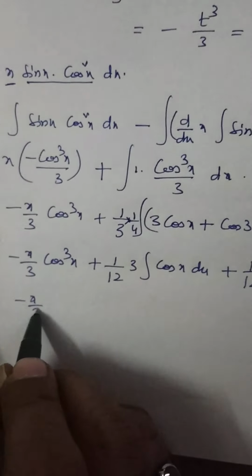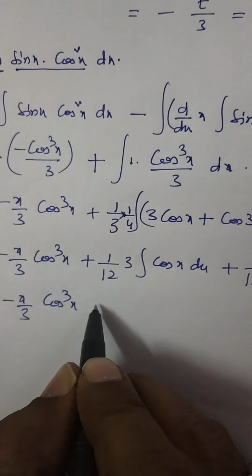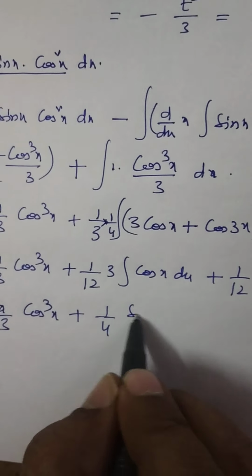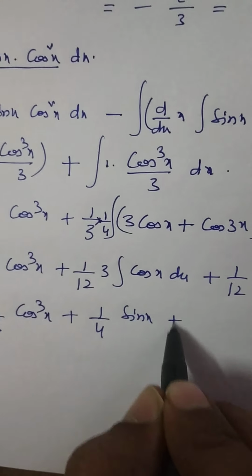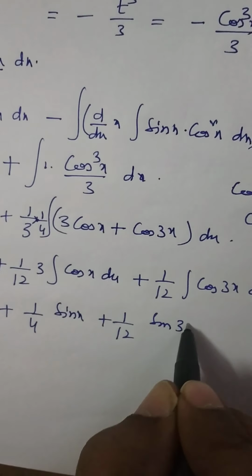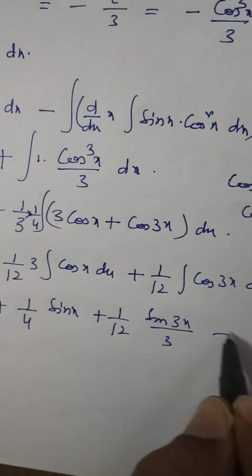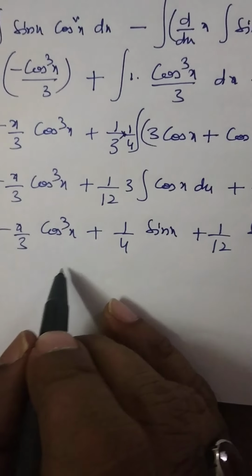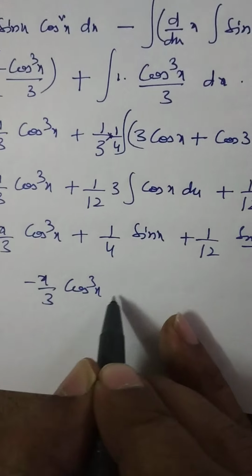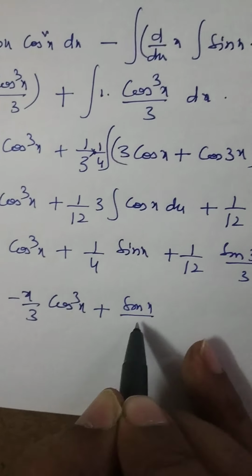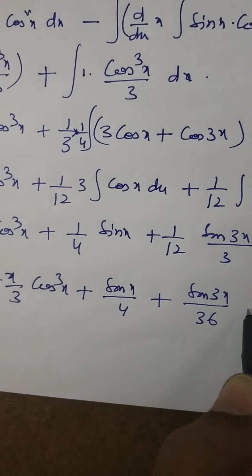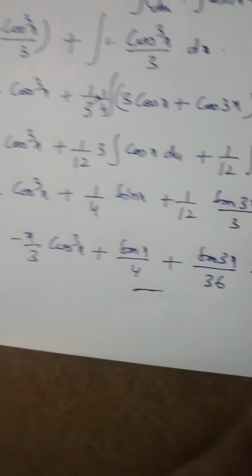So minus x by 3 into cos cube x plus 1 by 4 into cos x integration, which is sin x, plus 1 by 12 into cos 3x integration, which is sin 3x by 3, plus c. So finally, on simplifying further: minus x by 3 into cos cube x plus sin x by 4 plus sin 3x by 36 plus C is the final answer.